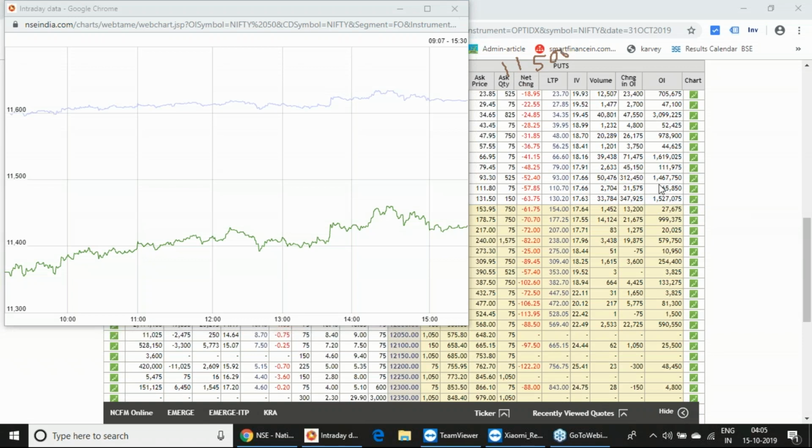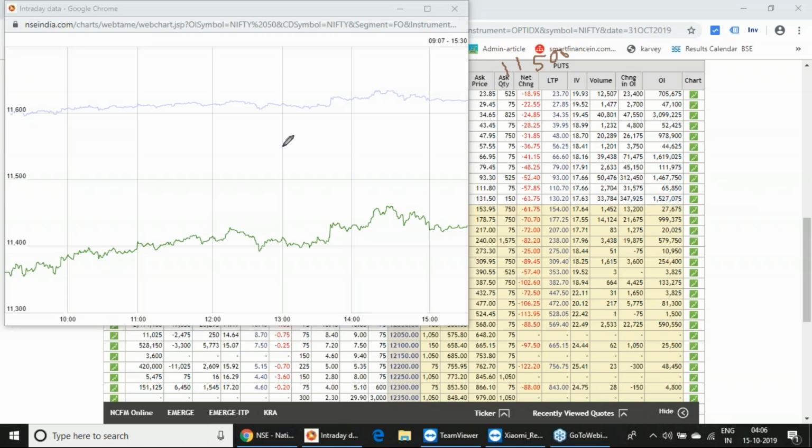For this 11,500 call option, focusing at 9:15, when the market opened, the contract traded at a level of 11,599.20, meaning 99 rupees 20 paisa, when the price of the underlying asset was 11,357.8.